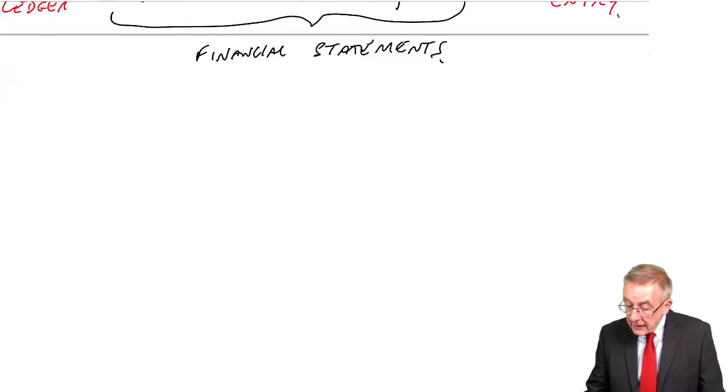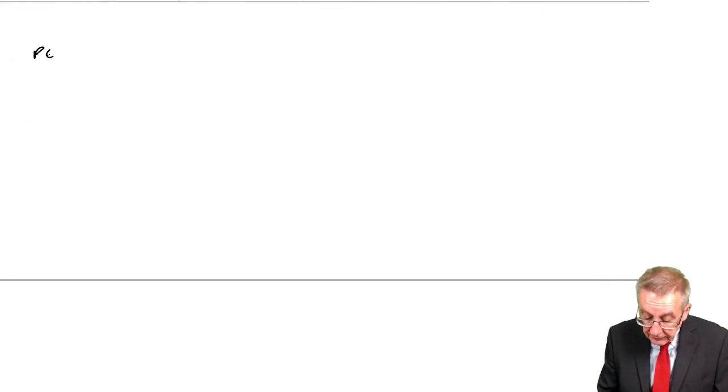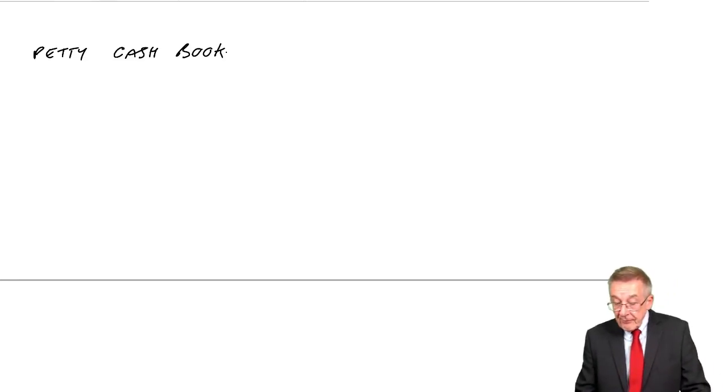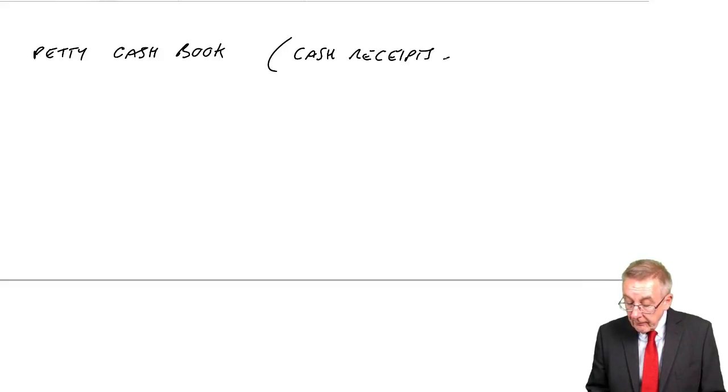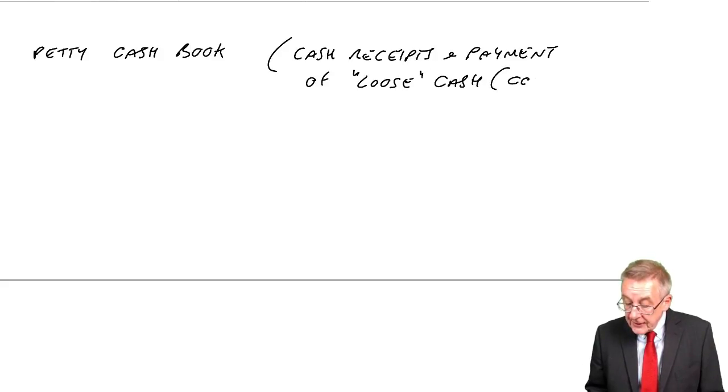And that's called the petty cash book. The word petty means small. And this would record cash receipts and payments of what I'm calling loose cash. I think you know what I mean. Coins, etc.